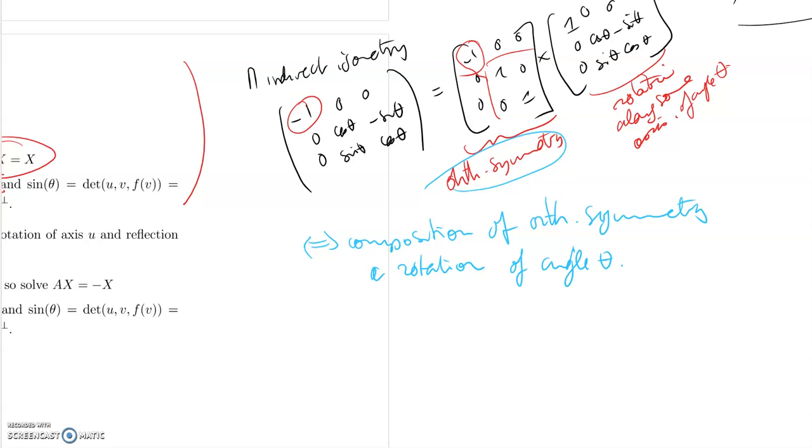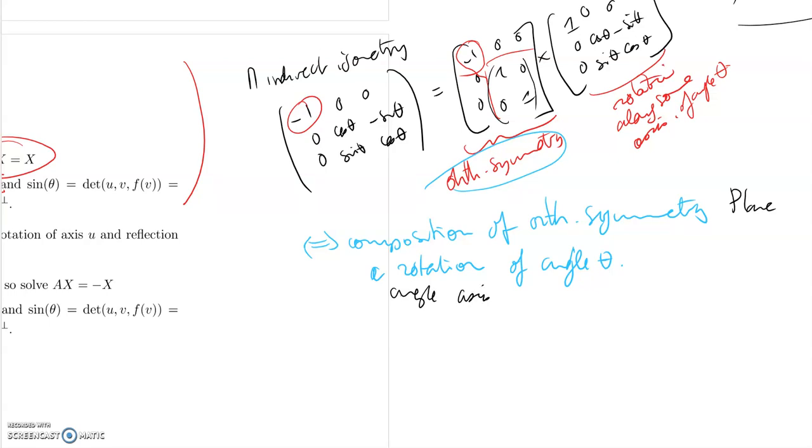So I need to indicate two more things. The characteristics of the symmetry: you see that the identity part has dimension 2, so it corresponds to a plane. So it's going to be an orthogonal symmetry with respect to a plane. So I need to find the plane, and I need to find the angle and the axis of the rotation.